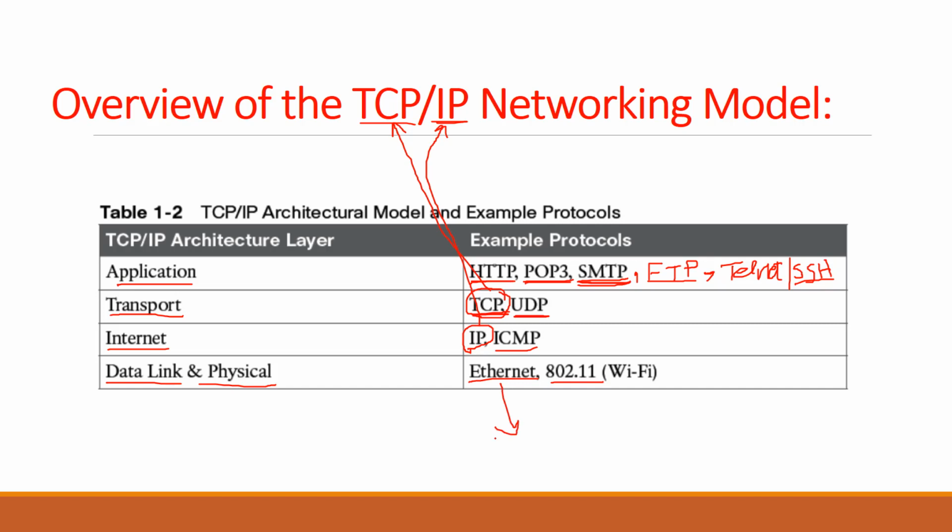Ethernet is the standard for the wired LAN, and IEEE 802.11 is the standard for the wireless LAN. So those are some example protocols of the TCP/IP networking model.